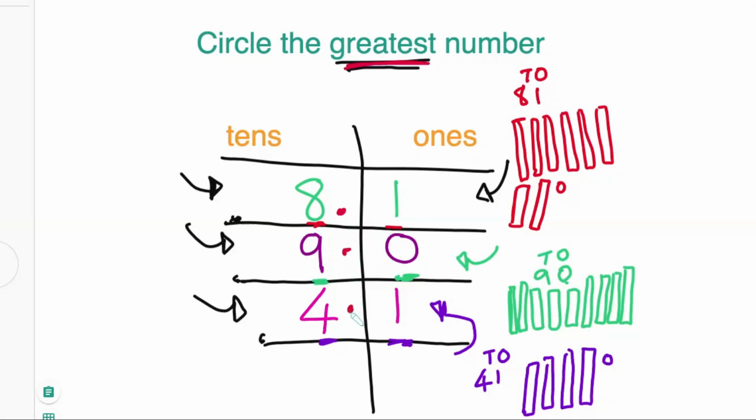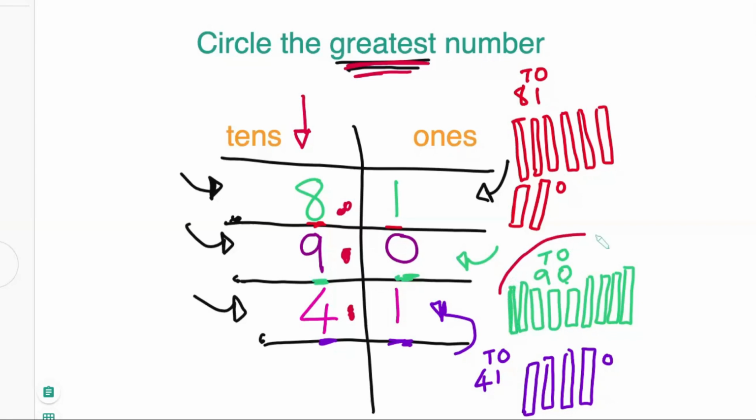Because remember, if it's a 2-digit number, we can look at our tens to help us identify which number is the greatest or the most. We know that 9 is larger than 8 and 9 is larger than 4. And we can look at our drawings as well.